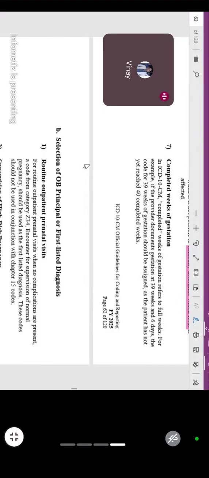Complete week of gestation. This is not a guideline. This is just your understanding. What is the first trimester? 0 to 14. Less than 14. 14 weeks or less than 14 weeks. Okay, less than 14. 13 weeks, 6 days.